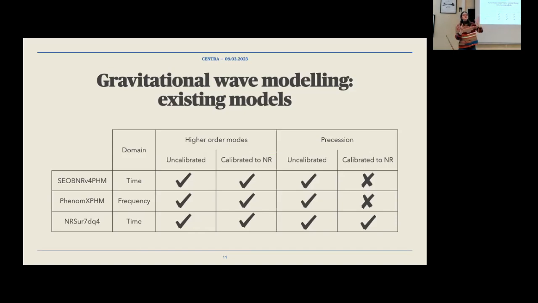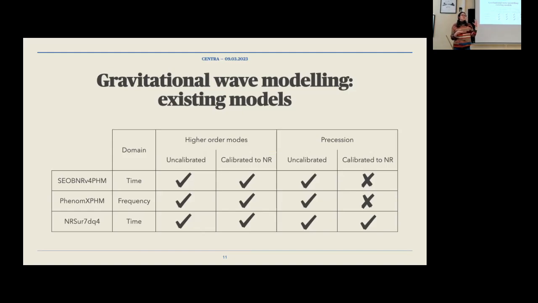The other difference between the models is that some are produced in the time domain, where we sample the gravitational wave signal at a set of times, and others in the frequency domain. The advantage, obviously, of the time domain is that it's the native domain in which the numerical data is produced, or the analytic theory produces its results.